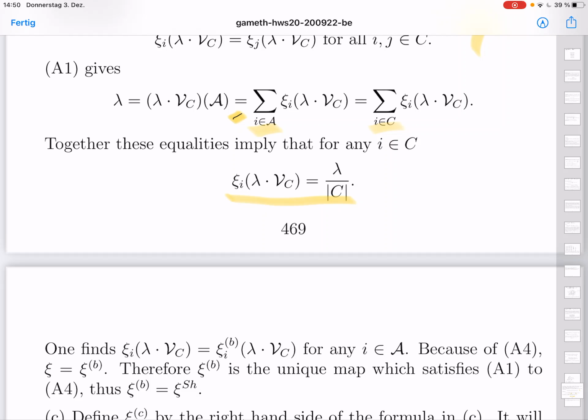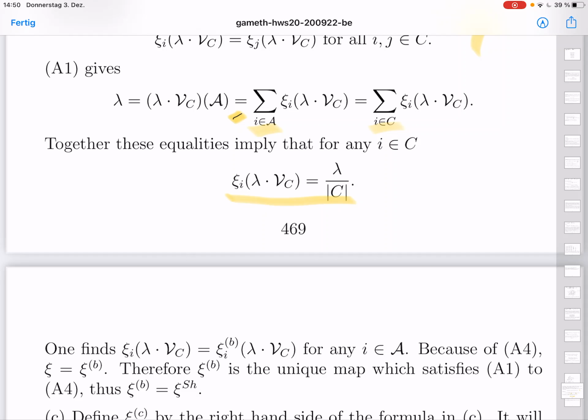But this is exactly the value which our vector psi upper B has at the place i for this special collision valuation lambda times Vc. We had defined that psi i of B of Vc is equal to 1 over the absolute value of C, and the factor lambda is supposed to be linear, so we get the additional factor lambda.